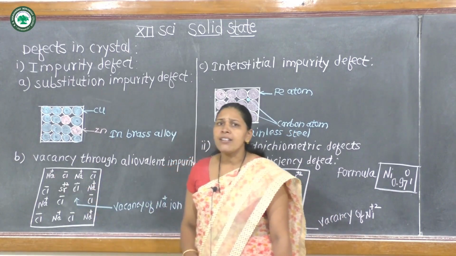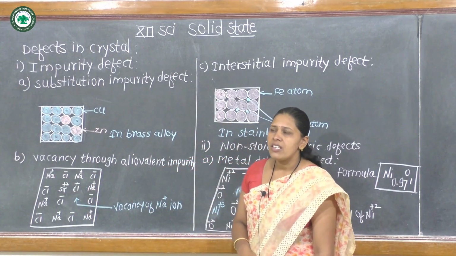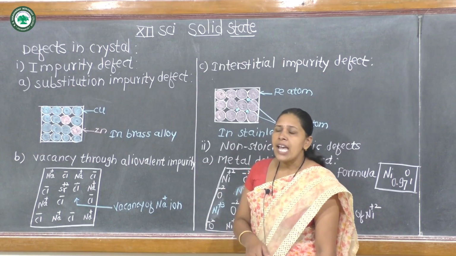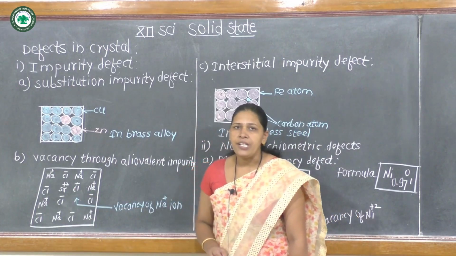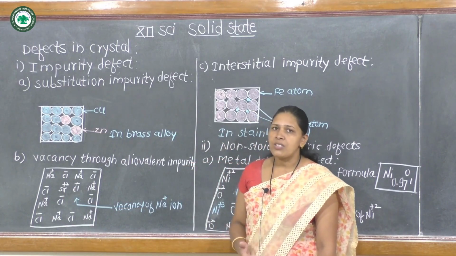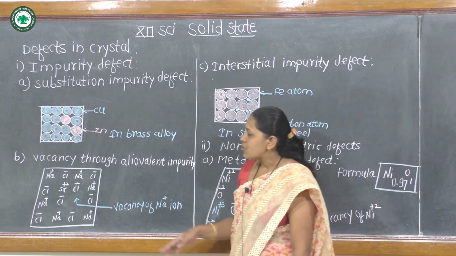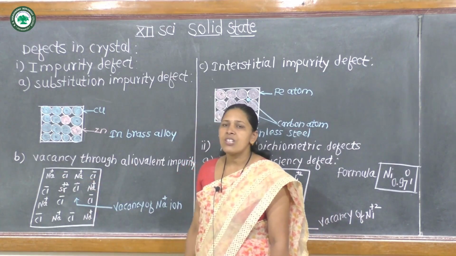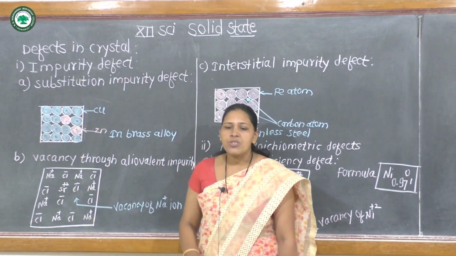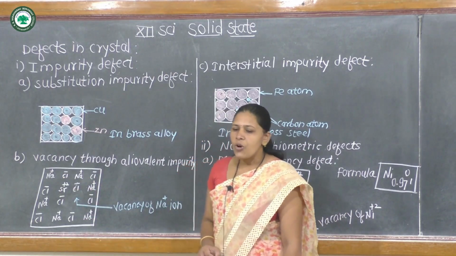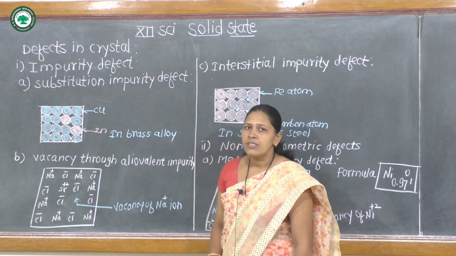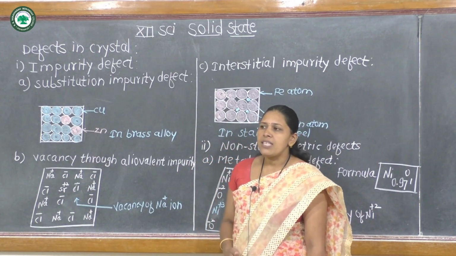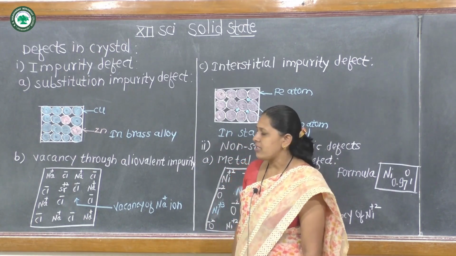Here sodium ion has +1 oxidation state, then the impurity added is strontium chloride, which has a different oxidation state from sodium: sodium +1 oxidation state and strontium +2 oxidation state. Therefore, every strontium +2 ion replaces two Na+ ions.